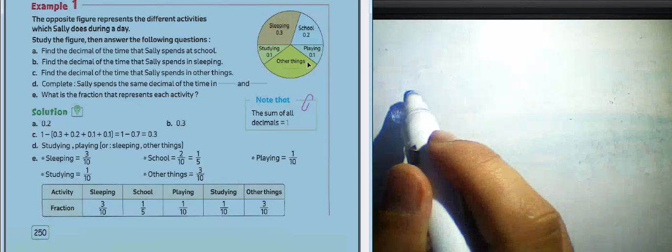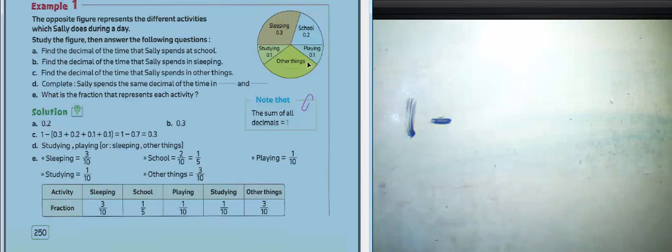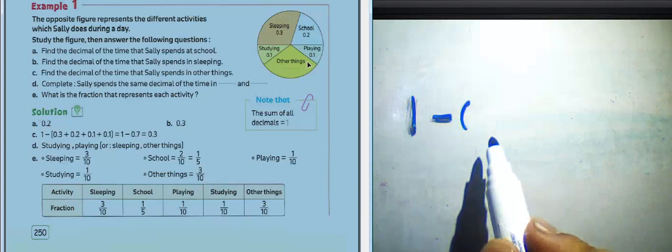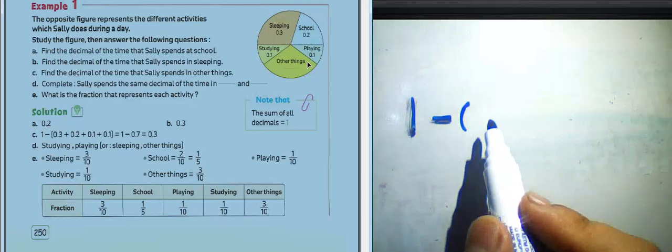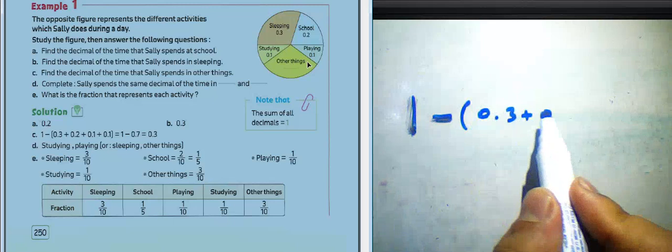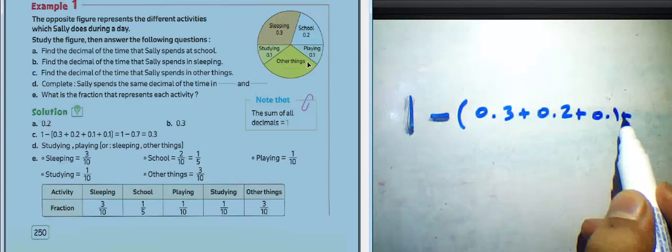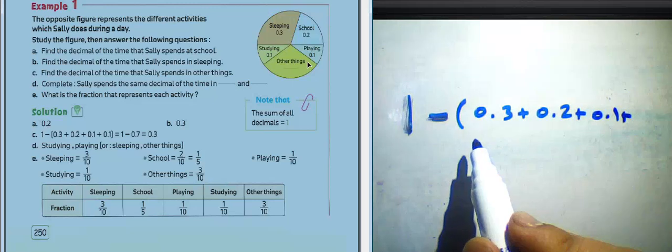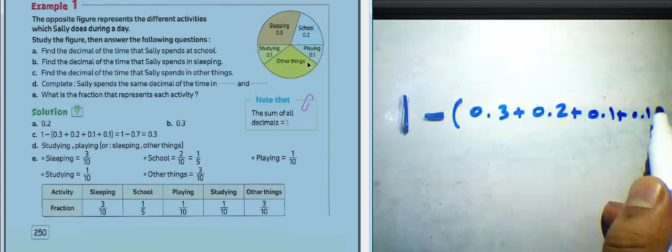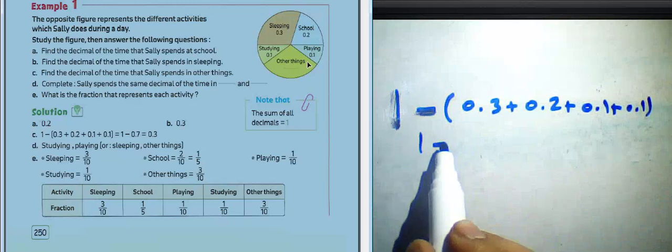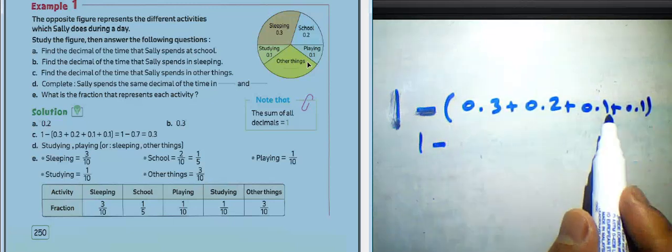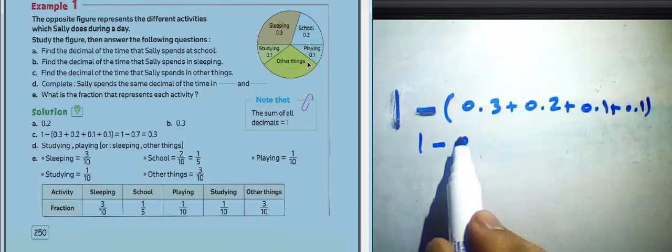We write 1 subtract the total: 0.3 and 0.2 and 0.1 and 0.1 again. Okay, 1 subtract the result: 1 plus 1 is 2, plus 2 is 4, plus 3 equals 7.